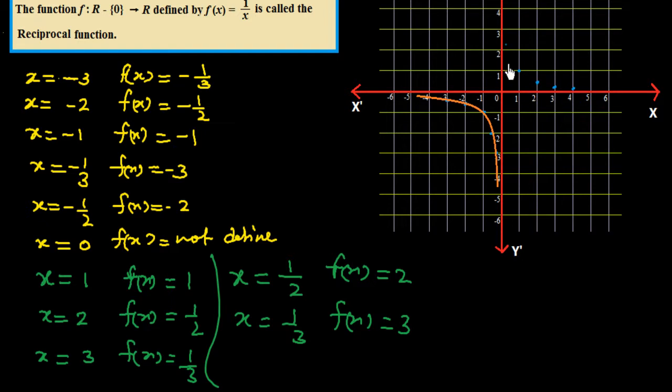If x is equal to 1 by 2, then y is equal to 2, and x is equal to 1 by 3, y is equal to 3. The graph becomes nearer and nearer to the y-axis here, and here also we come nearer and nearer to the x-axis. This graph won't touch the x-axis or the y-axis. So now we plot this graph here.